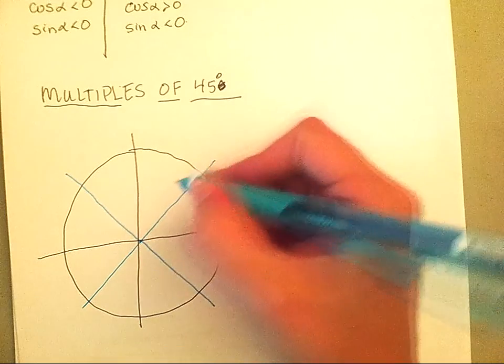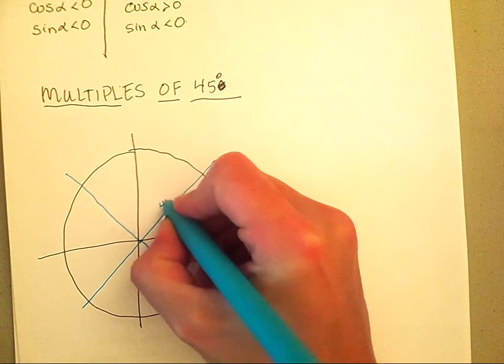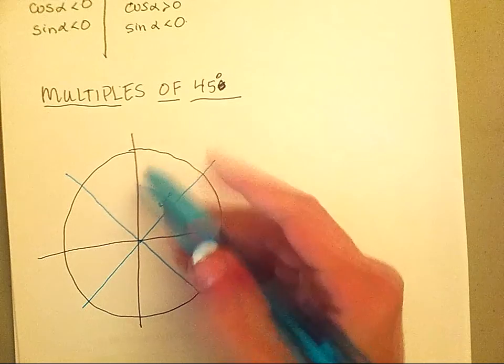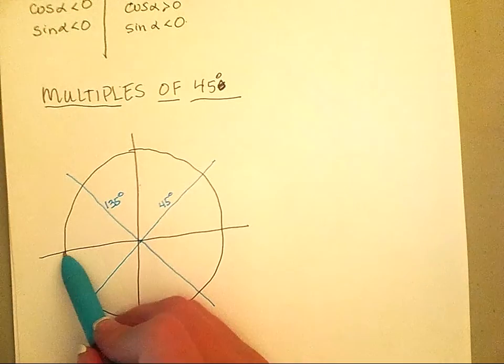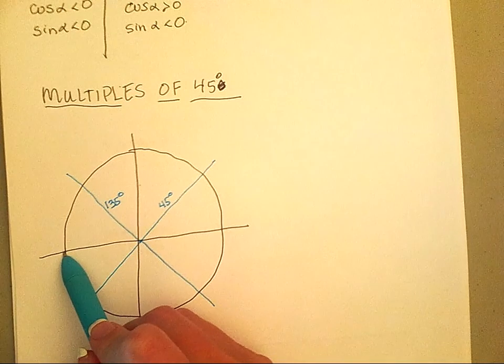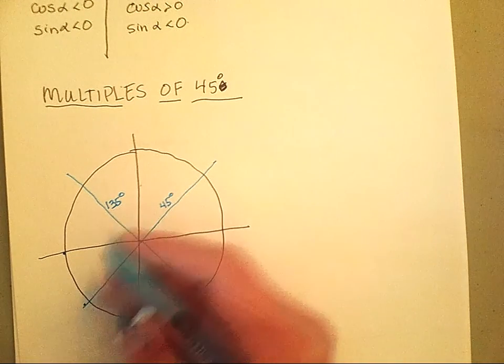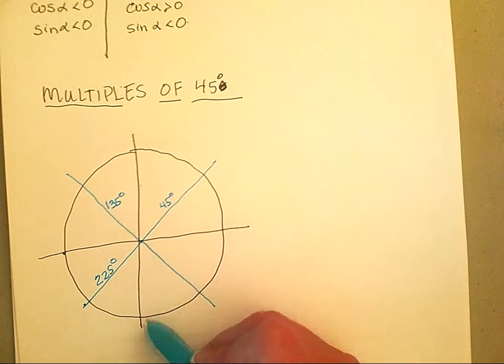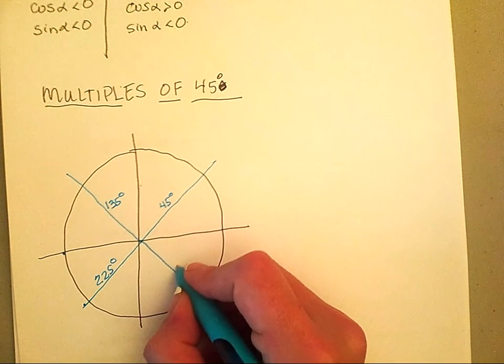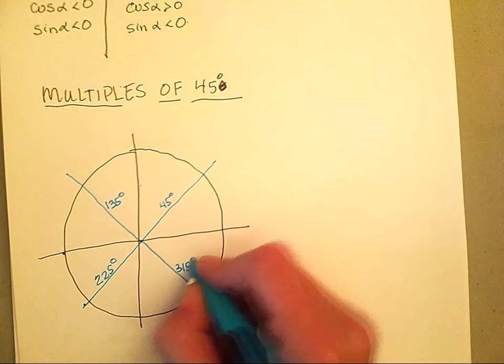So this angle was 45 degrees, then this was 90, this one is 135, then plus 45 got us to 180, plus another 45 was 225, 270, and finally 315 degrees. Okay.